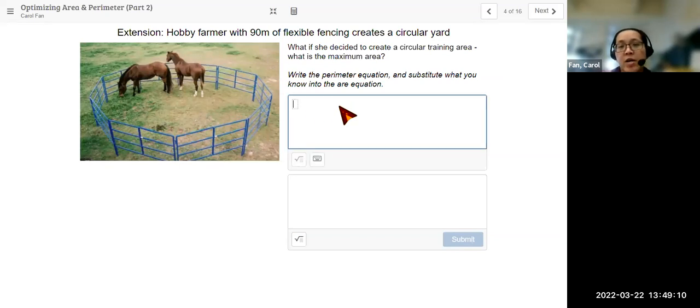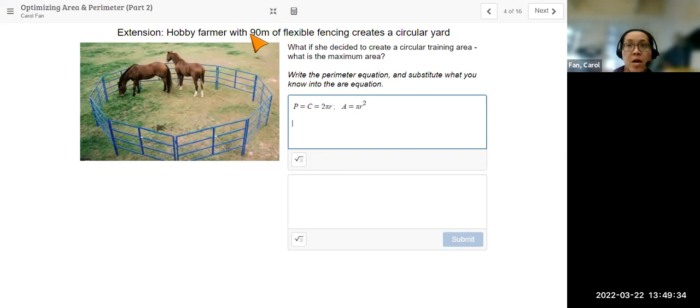So let's recall, perimeter of a circle is equal to the circumference. Circumference is 2 pi r. And our other equation for area, pi r squared.